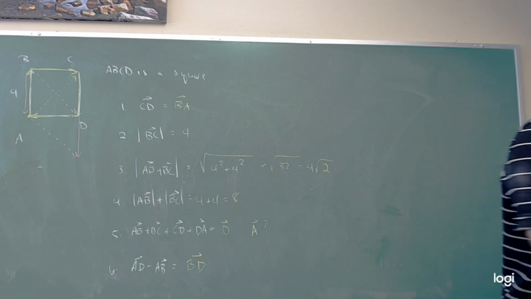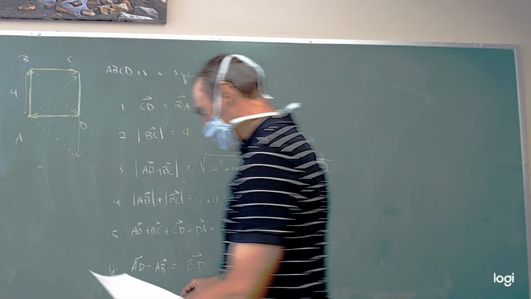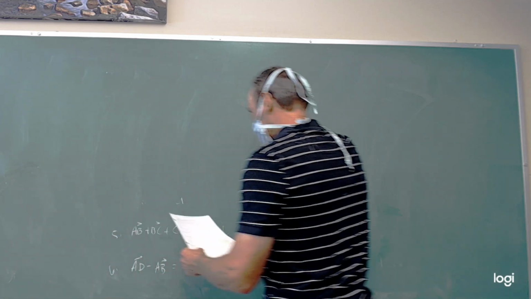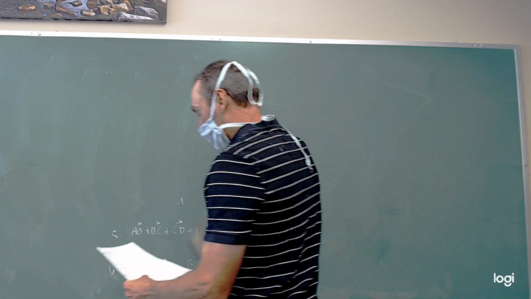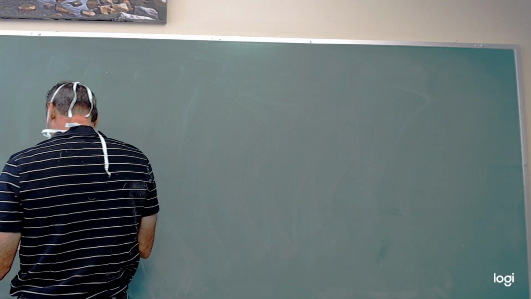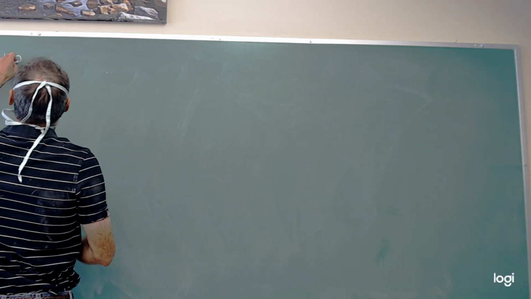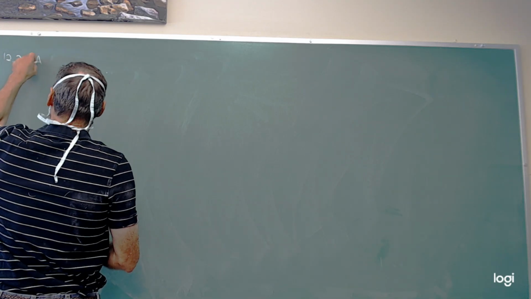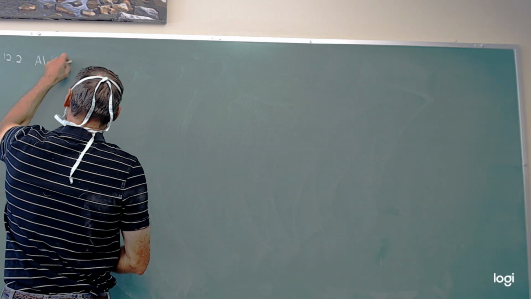Okay, so that's what I got for geometric representation, and that's enough to do homework 7, I hope. And in 12.2, I'm going to talk about the algebraic representation of vectors.